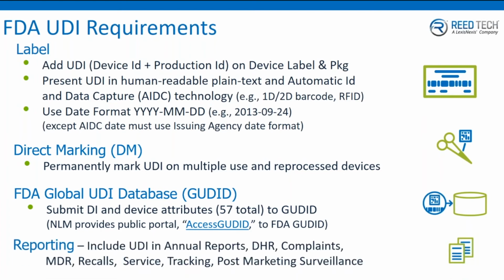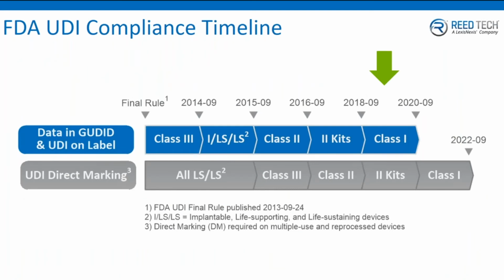And the 4th major area is making sure UDI is included in your SOPs, all the documentation, recalls, tracking, all other types of support documents that you have for your medical device. As to the timing, the FDA started off with the high-risk devices first, requiring implementation on both the label and for the reporting of the data to the GUDID.